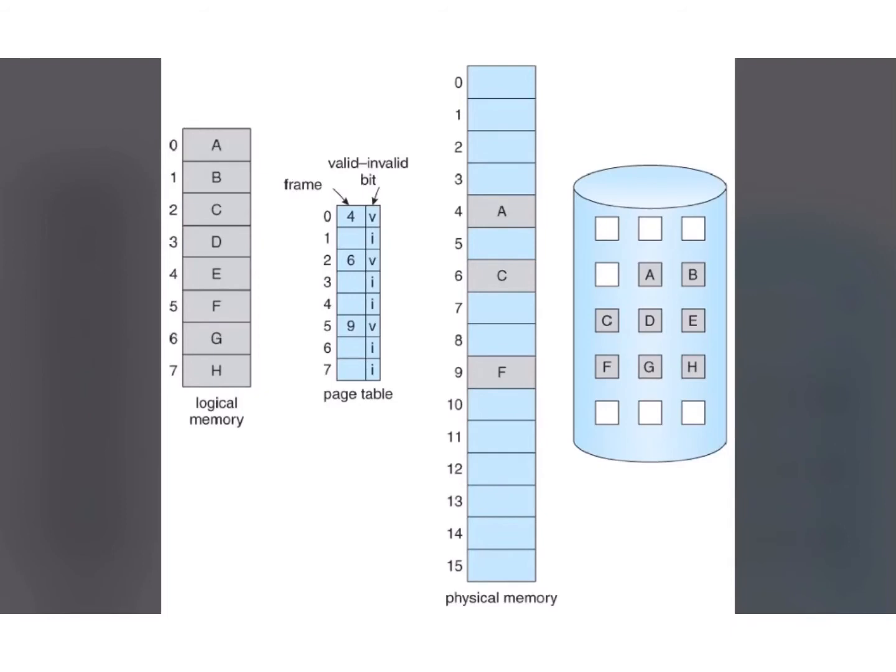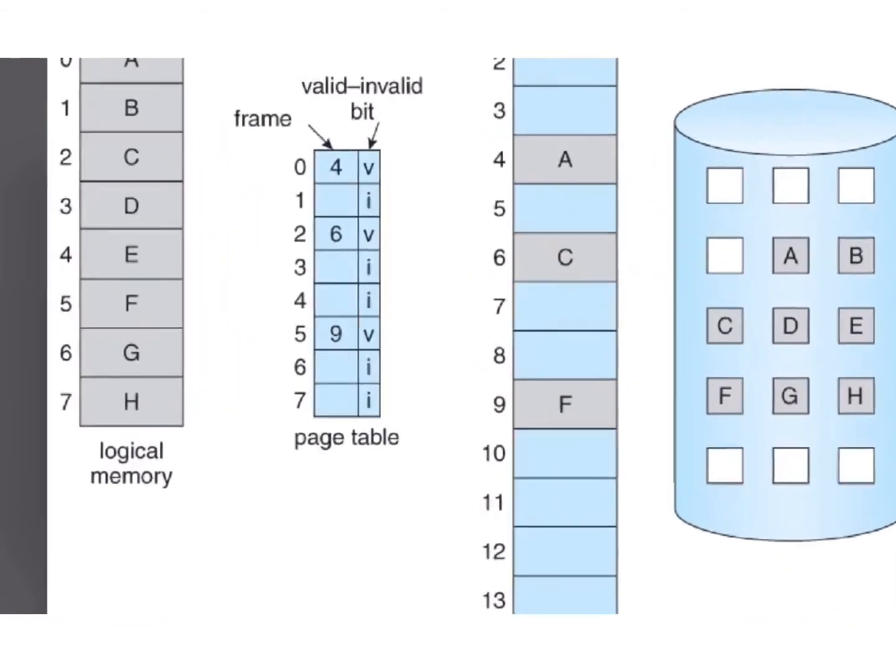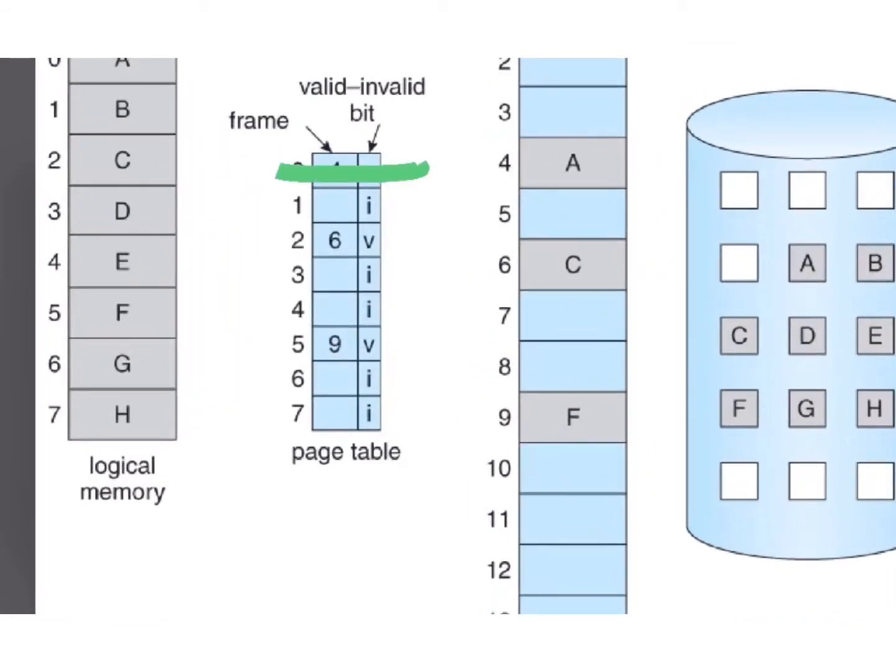In the page table, page number 0, that is A, is loaded in frame number 4, right? That is why this is called valid. And page number 2, that is C, is loaded in frame number 6, so this is also valid. And page number 5, that is F, is loaded in frame number 9, so that is also valid.